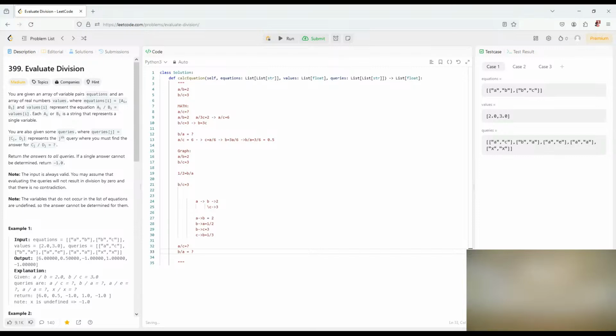A to C. So we can go to B with 2 and we can go to C with 3. It's just multiplication. I think it could work if we go from A to B with 2, we have a 2, and if you go from B to C, we have 3.